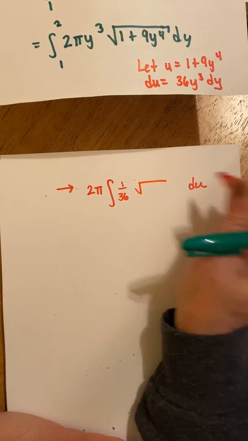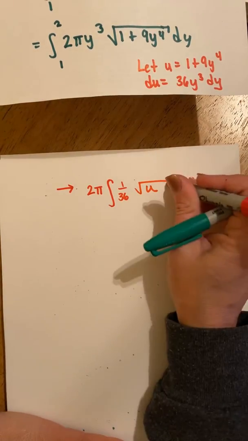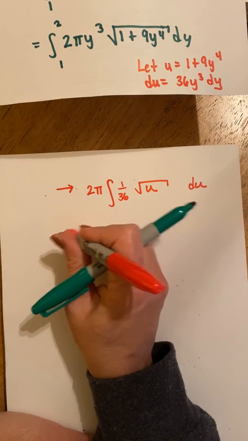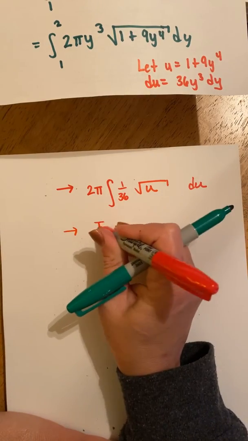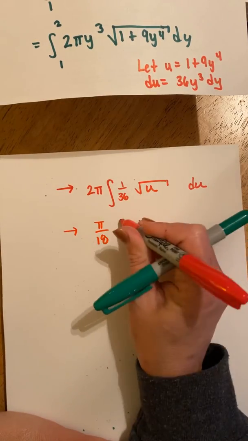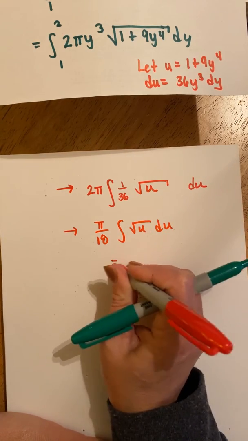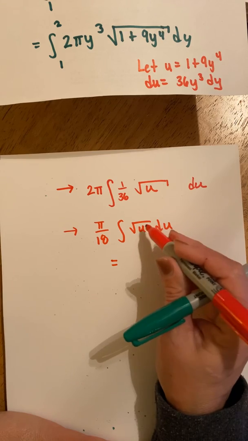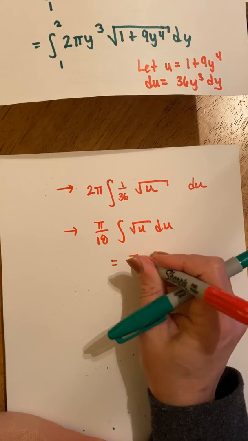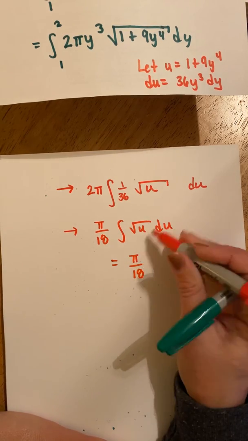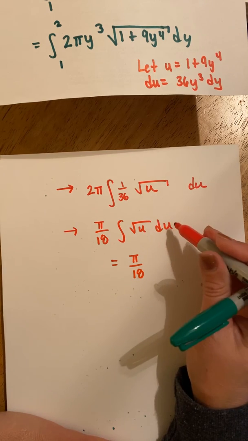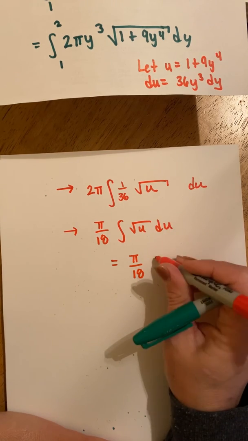And I'm just taking the square root of u. So I'm really just integrating pi over 18, square root of u du, which is 2/3 u to the 3/2. We're going to add 1 to the power.